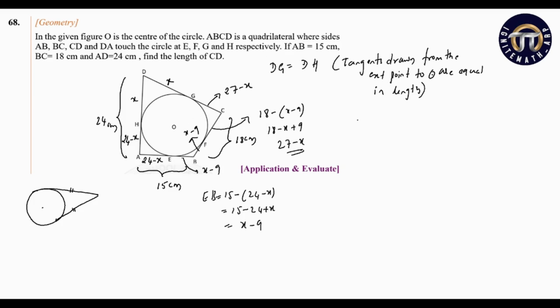So now I'm supposed to find out the length of DC. DC will be equal to DG plus GC. DG is X, plus GC is 27 minus X. So DC is equal to 27 centimeter.